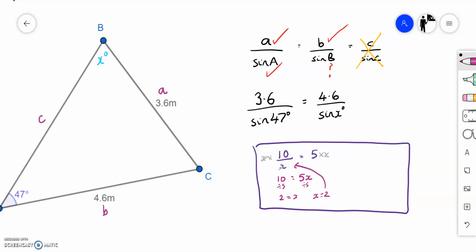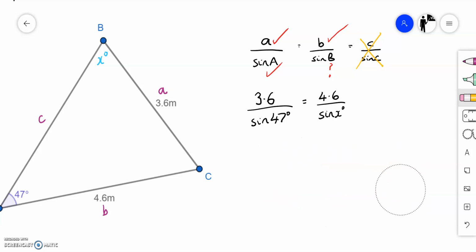But essentially, if we had the quantity that we wanted to work out on the denominator, we had to multiply both sides by that to get it to a place where we can more easily work with it.